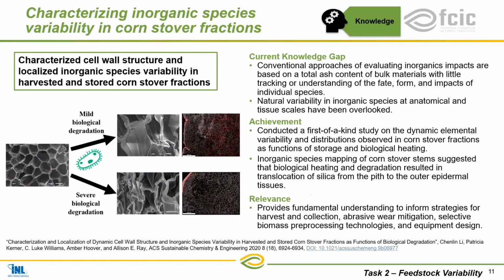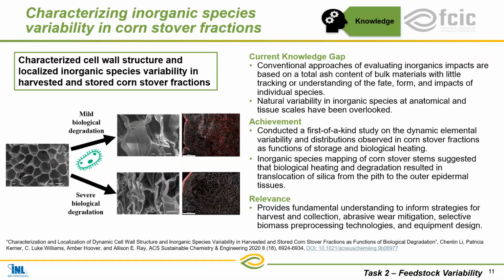So that was the organic fraction, but we all know the inorganic fraction is also important. This work was a first-of-kind study to look at the inorganic species and how they change in biomass as a function of storage. This work involved mapping of where these inorganic species are in the tissues. Collectively, these data suggest that the biological heating process translocated some of the elements, specifically silica, from one tissue type to a second tissue type.